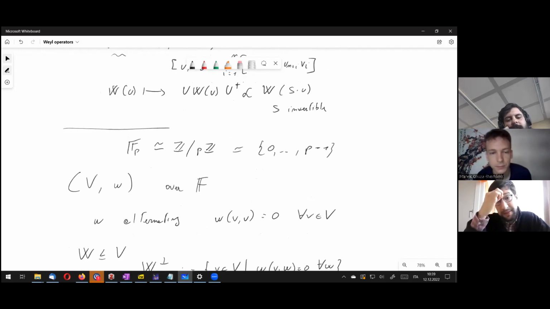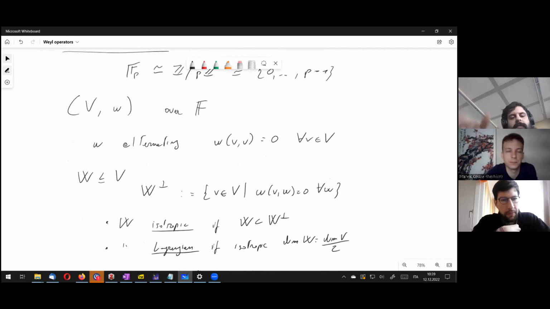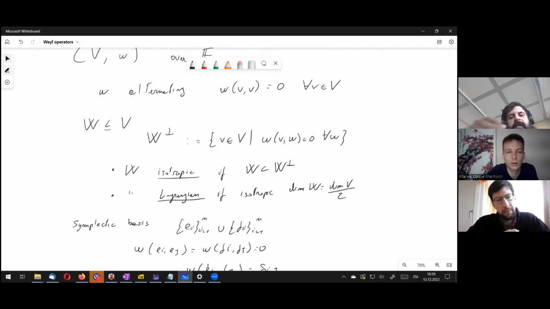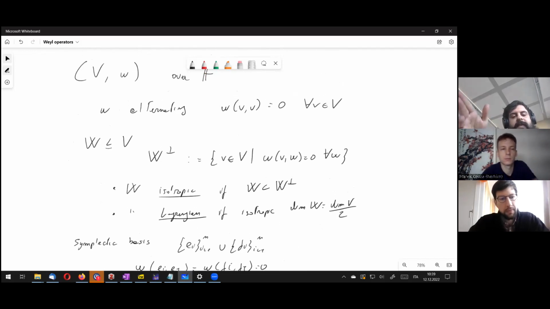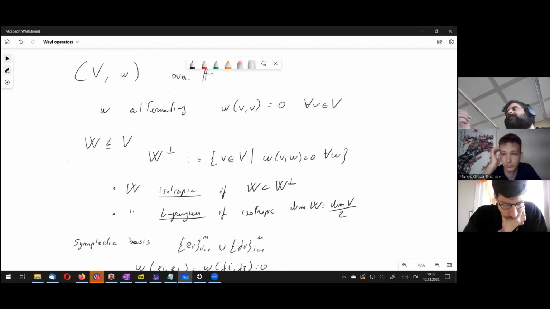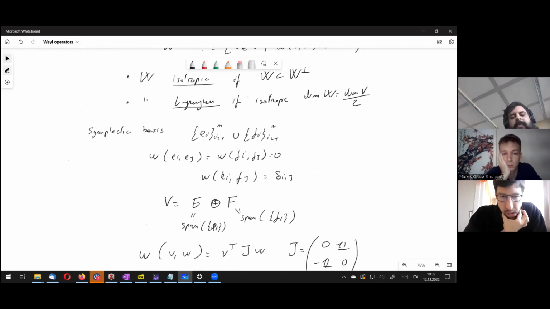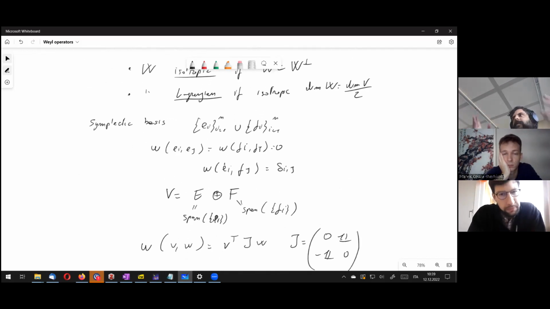But we focused on the case of finite fields of prime dimensions, for which we can introduce the symplectic spaces. We can give some similar definitions as for continuous symplectic spaces, and we can also introduce a polarization of the space. That means intuitively that we split the space in position and momentum spaces.